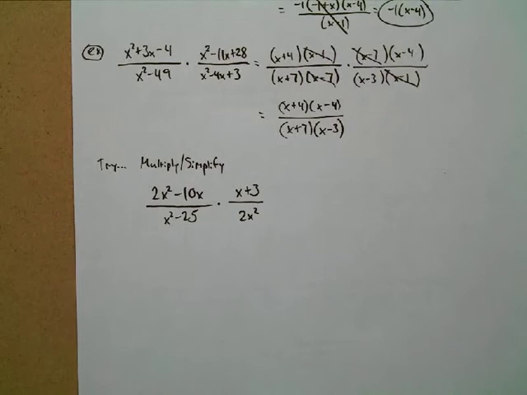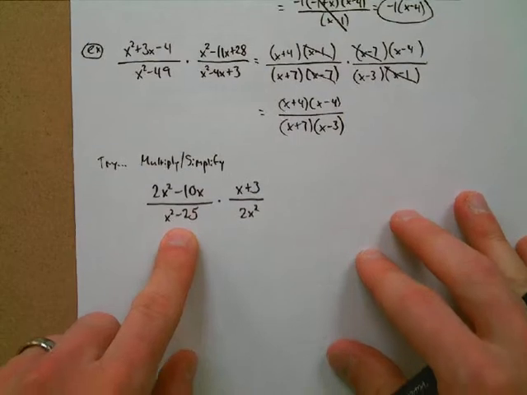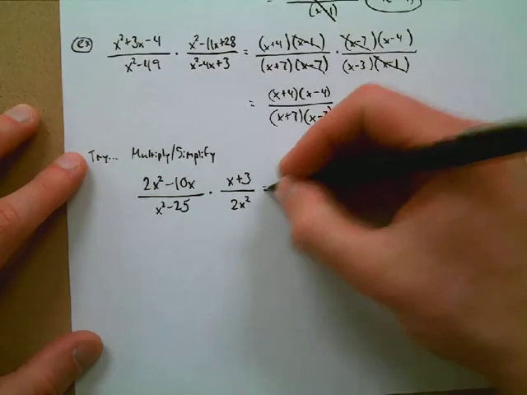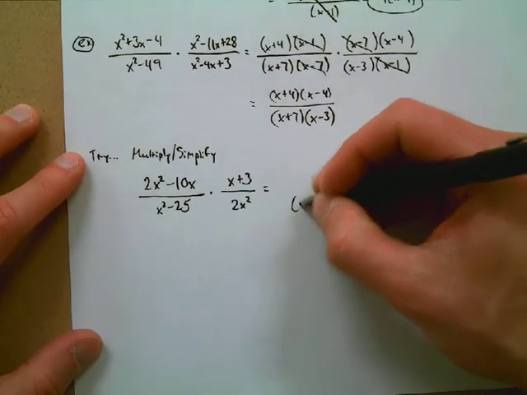All right, let's go to someone who's here. Cheyenne, were you able to simplify this at all? Factor it at all before you multiplied it? What'd you factor that to be? Okay, x minus 5 times x plus 5.